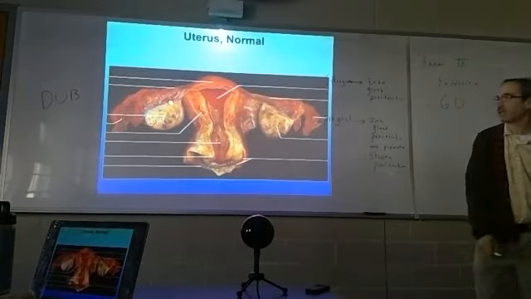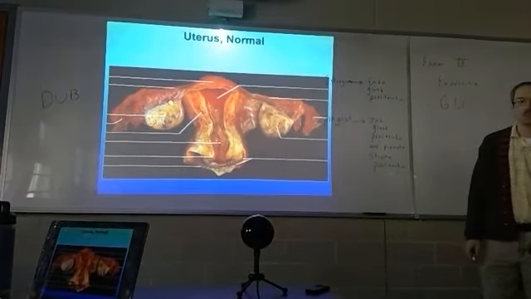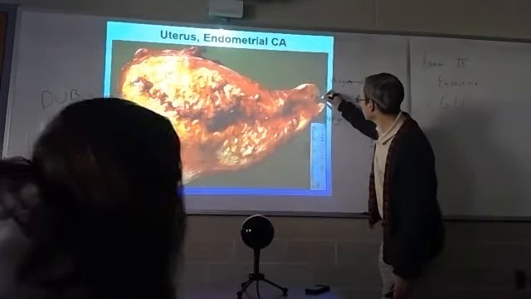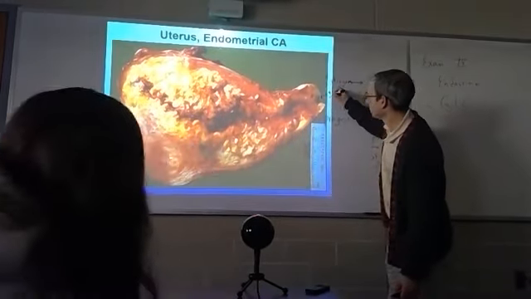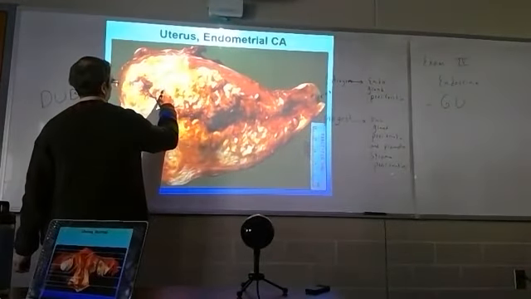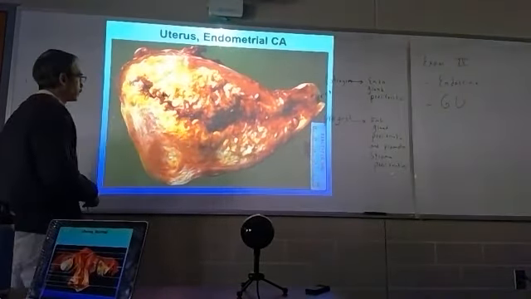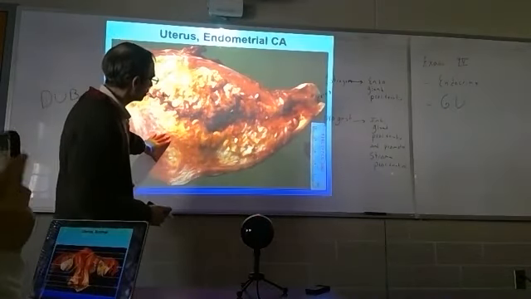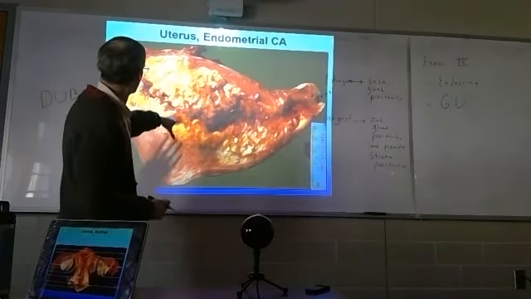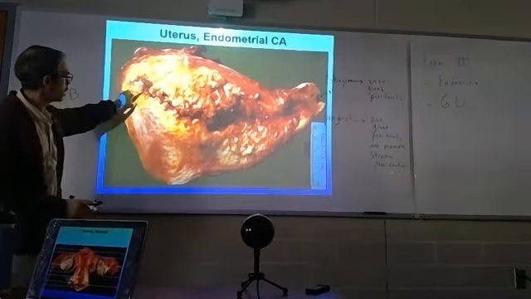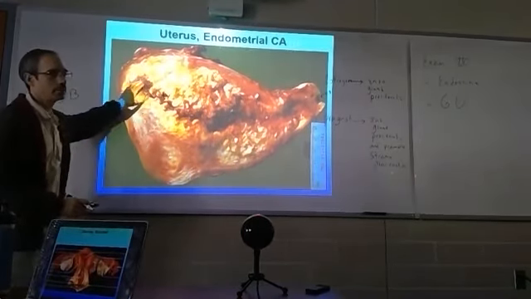All right, if that is a normal endometrium, this is what endometrial cancer looks like. We've got the cervix over here, and the uterine cavity should be over here. Take a look at this. We're sectioned through the uterus. There should be a uterine cavity visible. Instead of the uterine cavity, you see all this yellow-white stuff. This is the cancer.